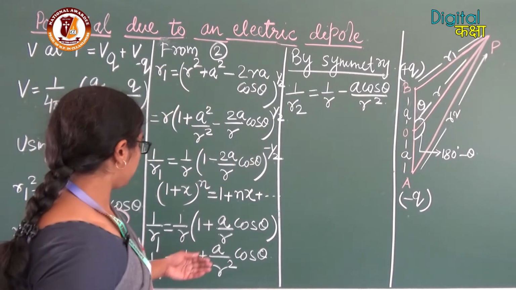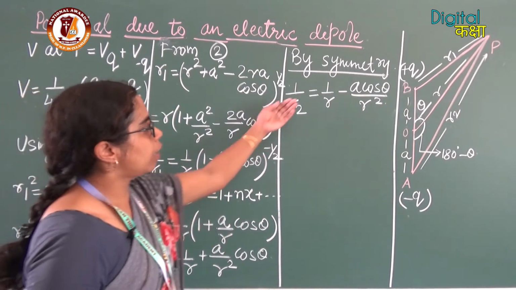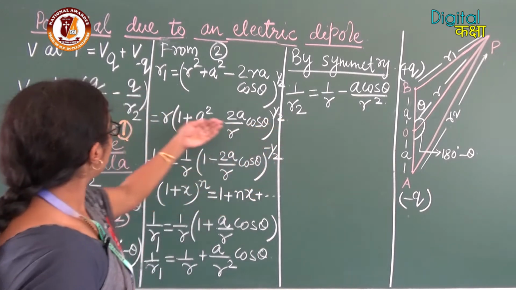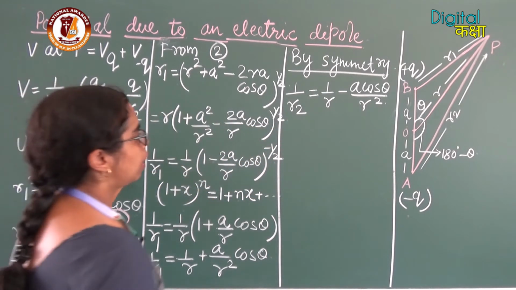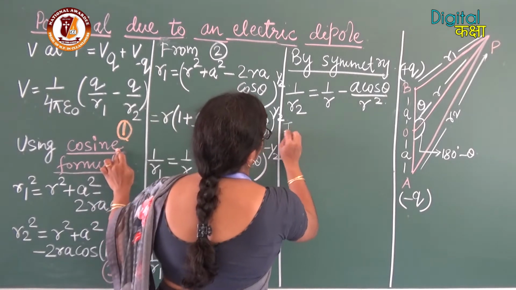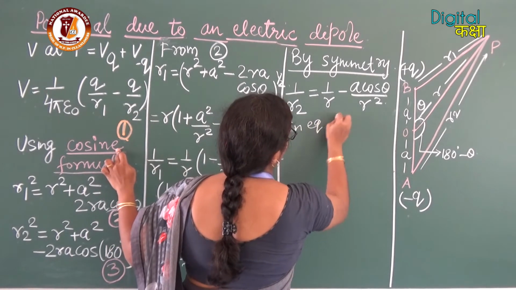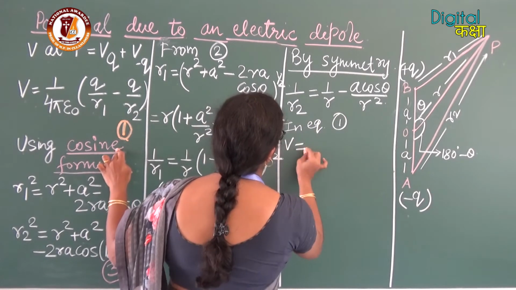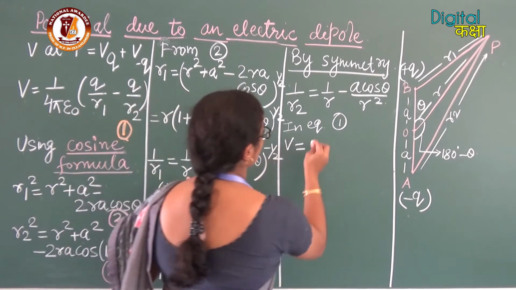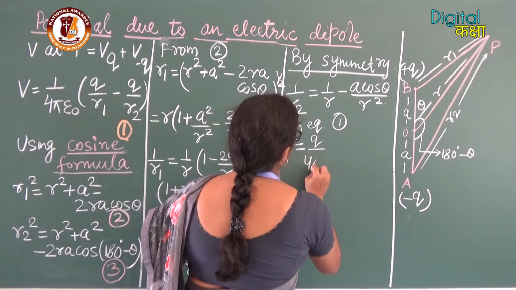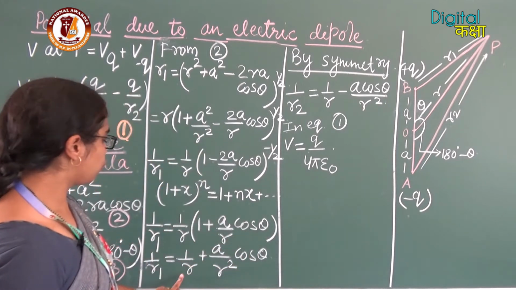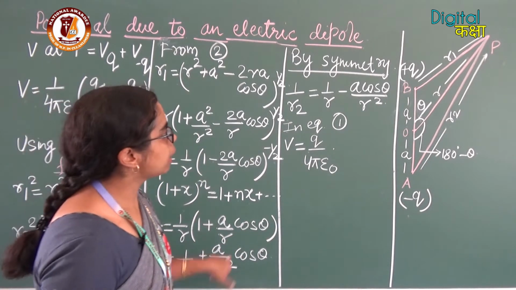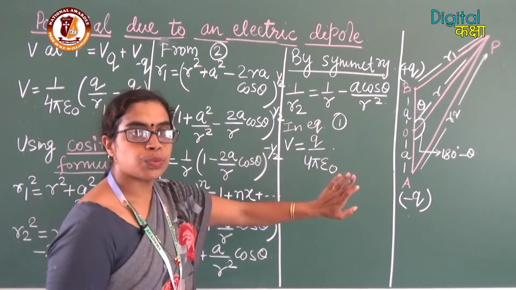Now, when I substitute these values of 1 upon R1 and 1 upon R2 in equation number 1, I will get the value of V equal to Q upon 4 pi epsilon naught into the value of 1 upon R1 minus 1 upon R2.